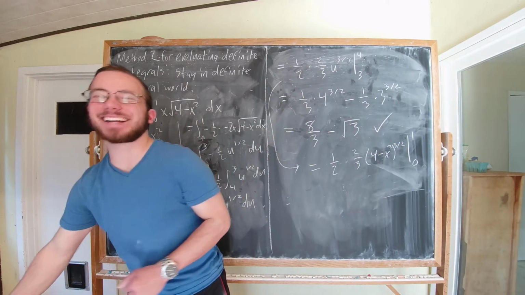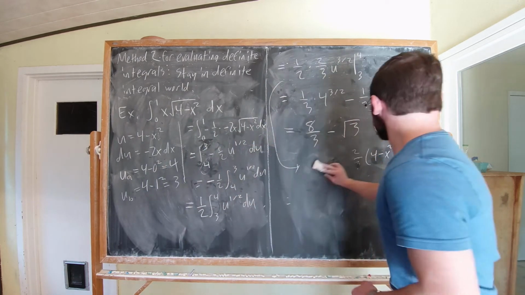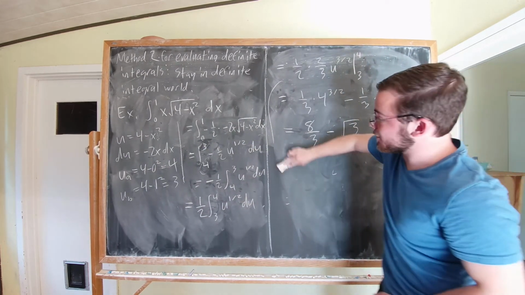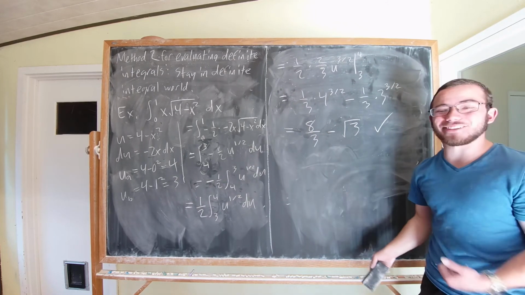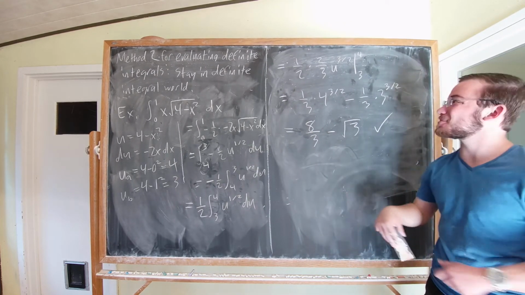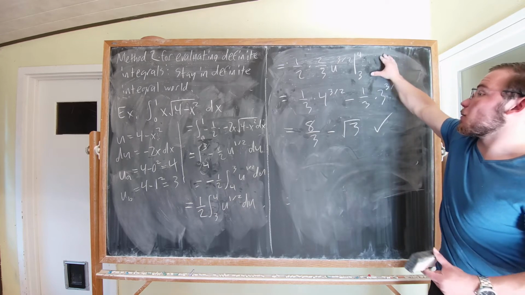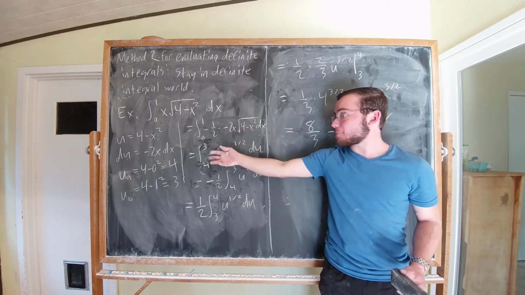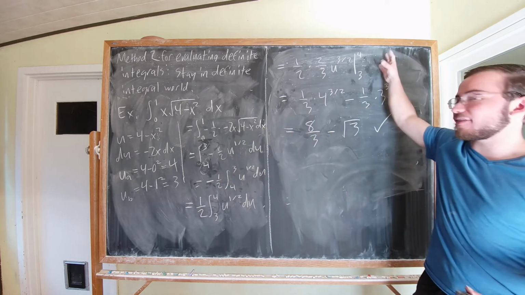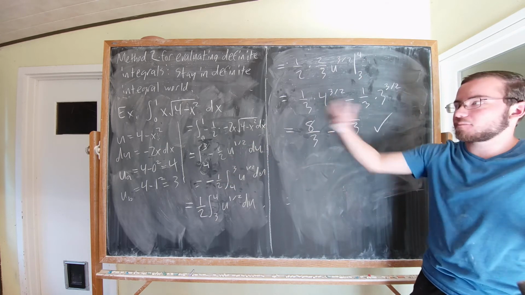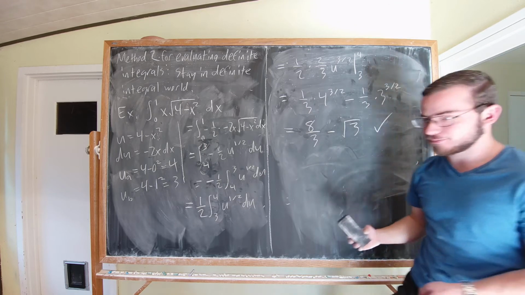So, same exact answer. I prefer to stick in u world when I do stuff this way, just because it's less computational steps and I have less risk of accidentally losing track of something. But yeah, by performing the proper substitution on the boundaries, we can stay in u world the entire way, and then we can only work there. It's a bit shorter, a bit faster.